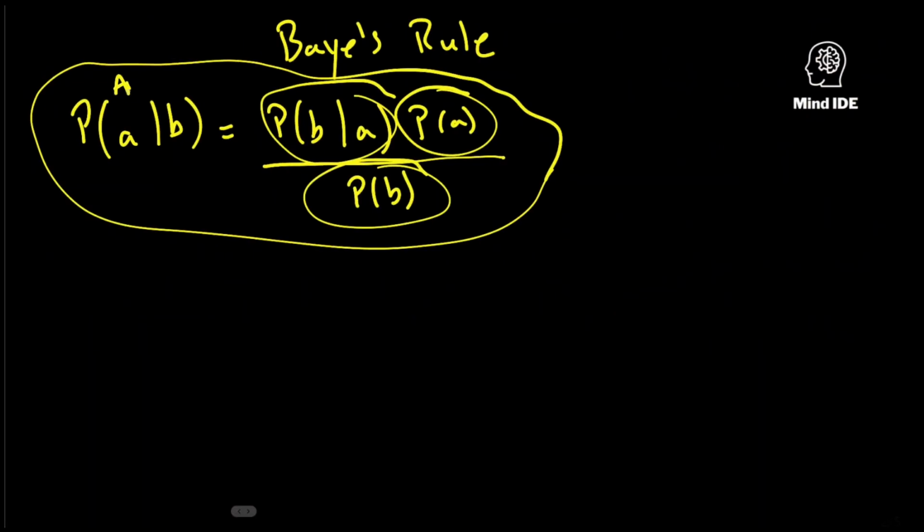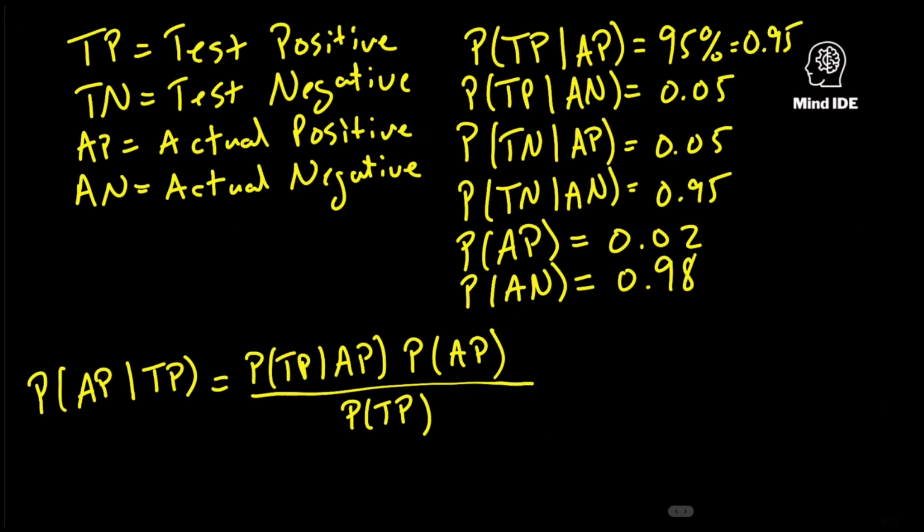So this is like AP, TP. So then this would be TP. This is AP, this is AP, this is TP, which is how we've set this up here. And then all we have to do is apply this.